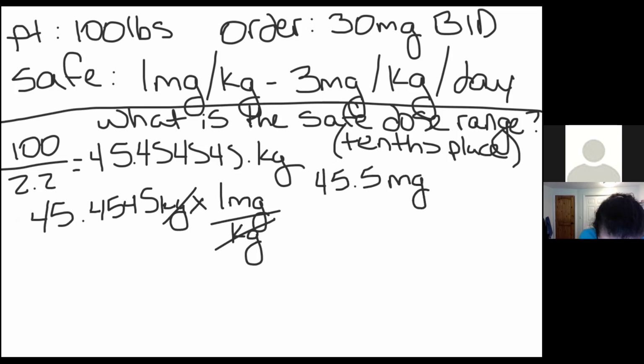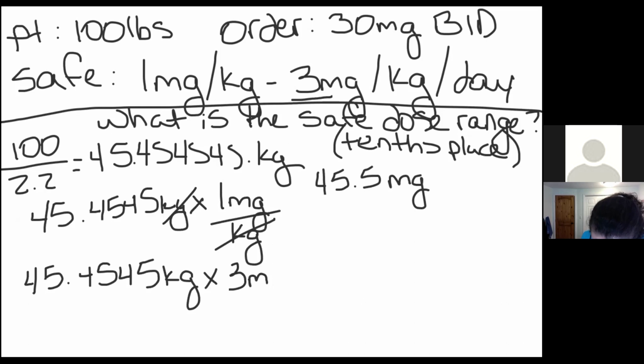Then I'm going to take that 45.4545 kilograms, and I'm going to multiply it times the top number of my range for safe medication. That's going to be 3 milligrams per kilogram.